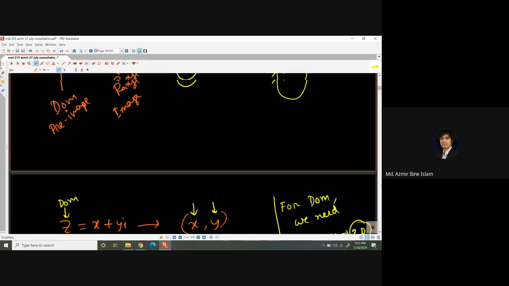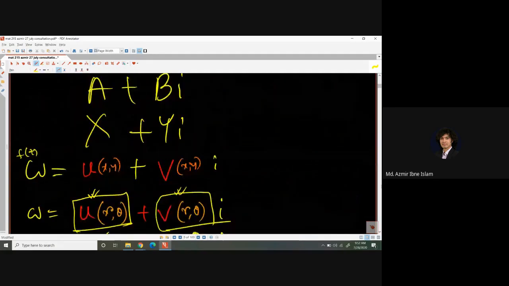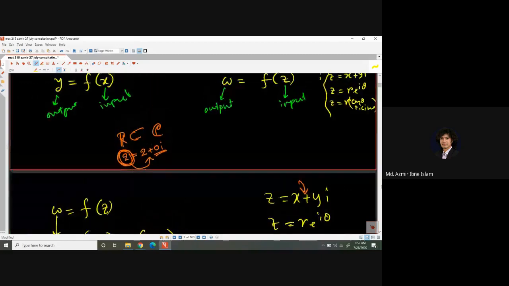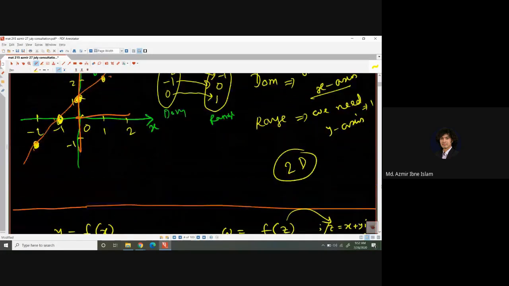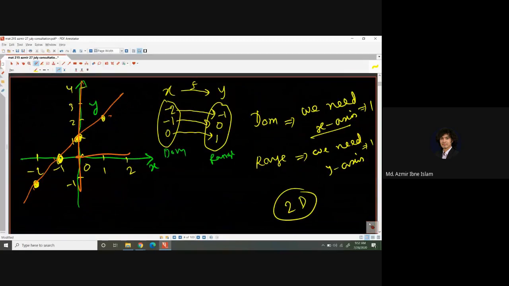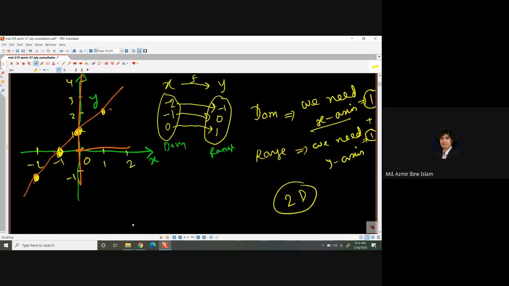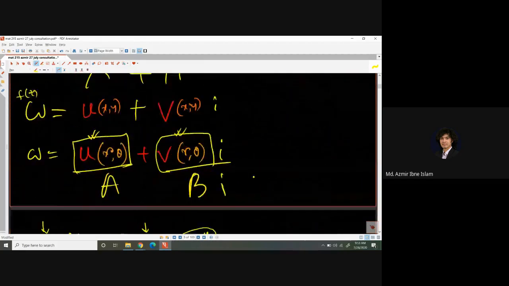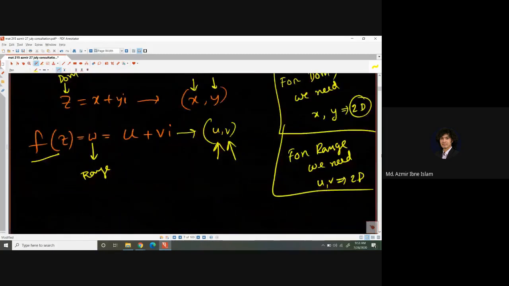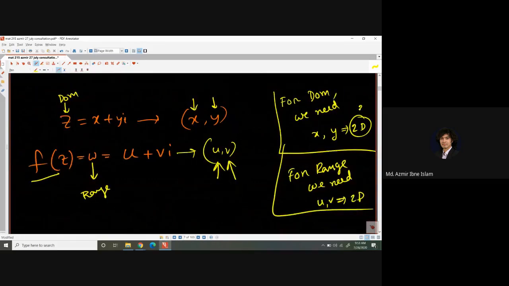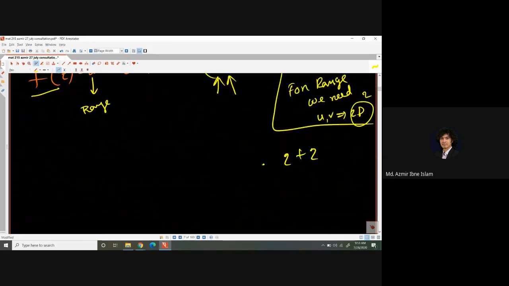If we sum up the number of dimensions we need for domain and range: for a real valued function we have only one dimension for the domain and another dimension for the range, 1 plus 1, two dimensions. Here for a complex valued function, just for the domain we need two dimensions, just for the range we need another two dimensions, so 2 plus 2 we have 4.